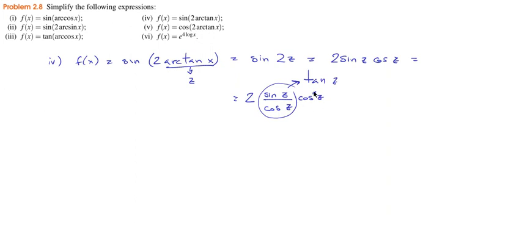So let me see what I do with that. How can I relate the cosine squared of z with the tangent of z? If we have the tangent of z as the sine of z divided by the cosine of z, now if we square everything, now we have the cosine here, right?